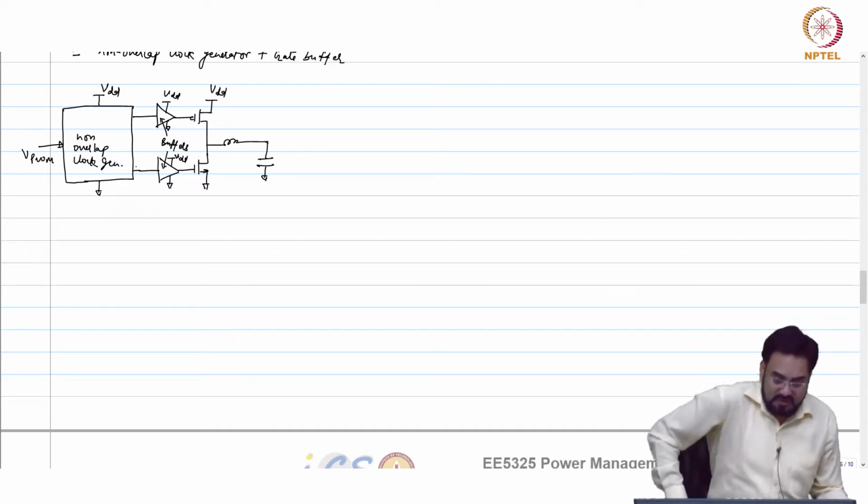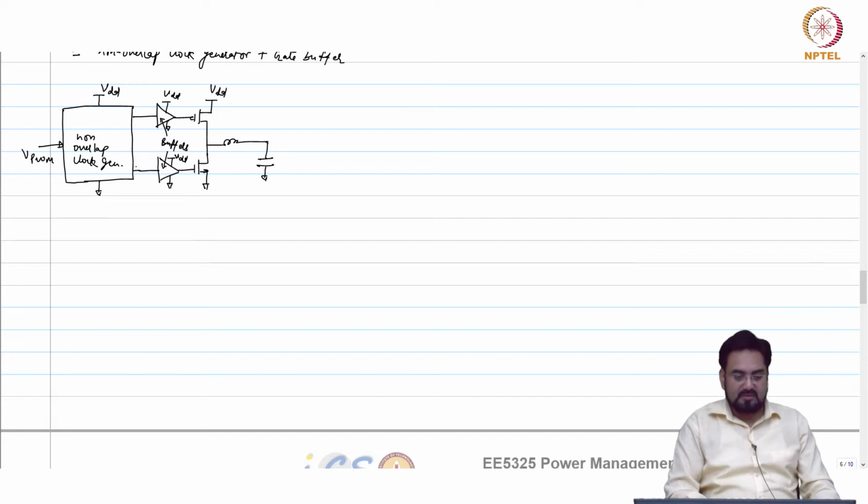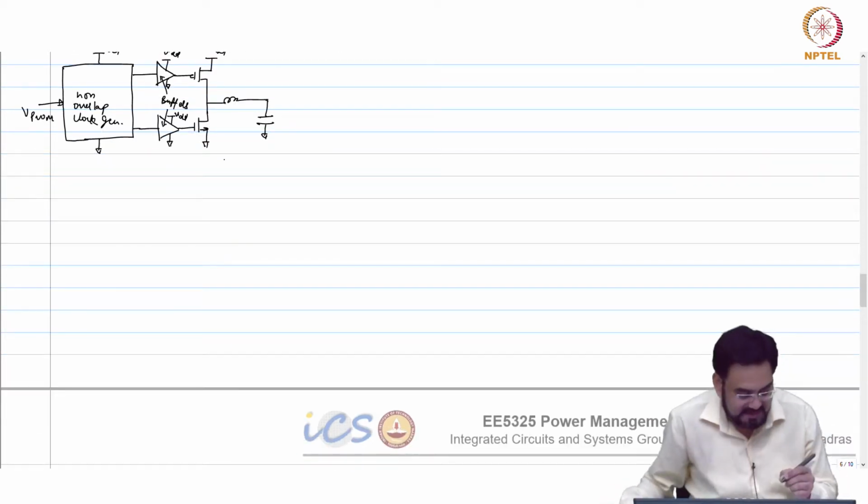So the first thing you have to look into: how do we design the buffer?